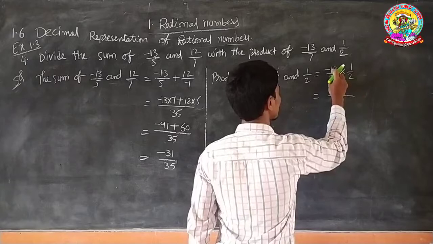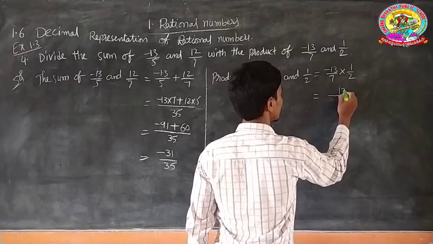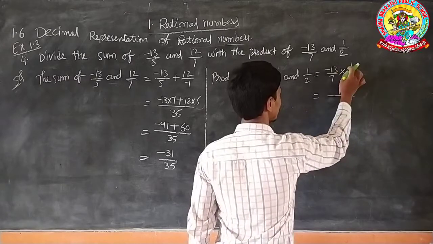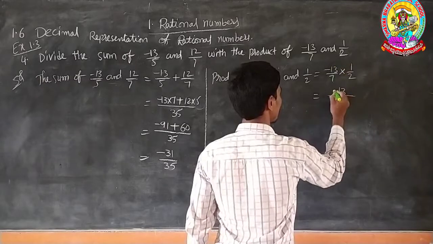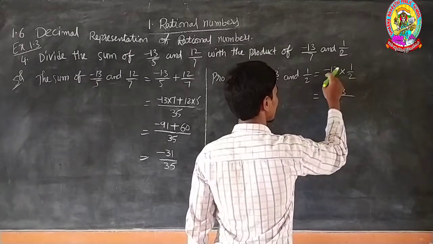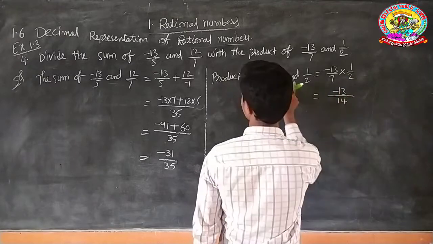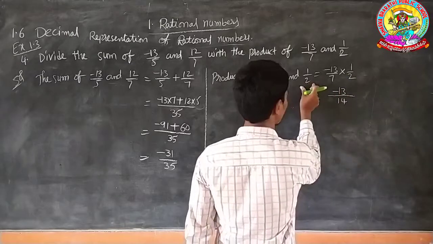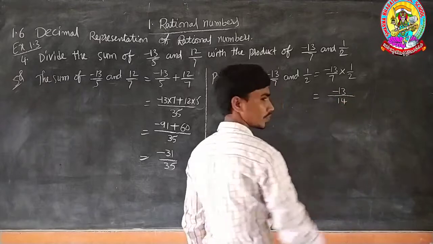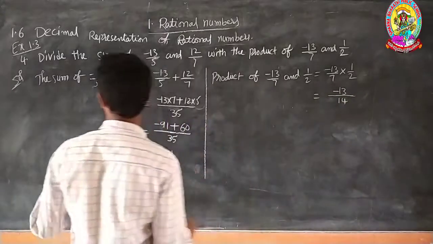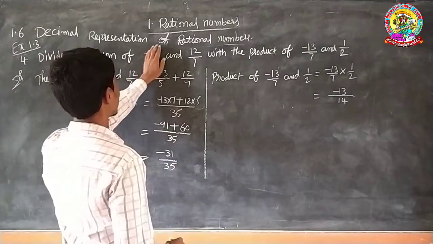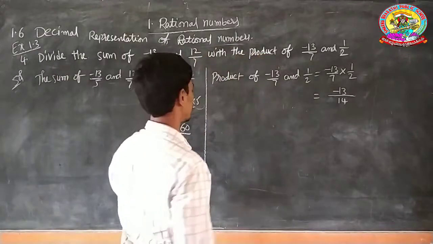Numerator multiplication: 1 13 is 13, here minus into plus is minus. The denominator consists of two numbers, 7 and 2, 7 2s are 14. So the product of minus 13 by 7 and 1 by 2 is minus 13 by 14. So now you should divide the sum by the product.